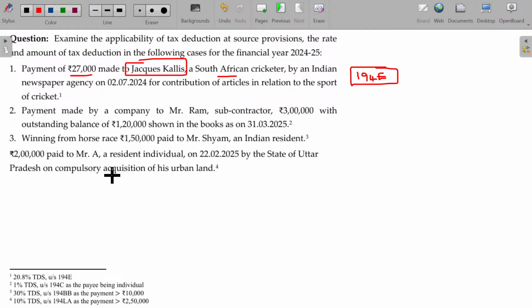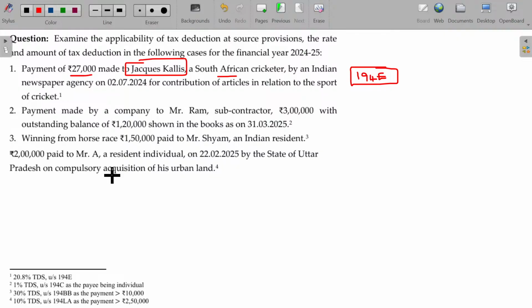I will explain this. In case of 194E, sports related activity, we have two sections, 194E and 194EE. Enjoy by playing and get the commission. So E for enjoy. That's how you can simply remember. For this, 20% rate will be applicable. That too, the payment is for the non-resident.